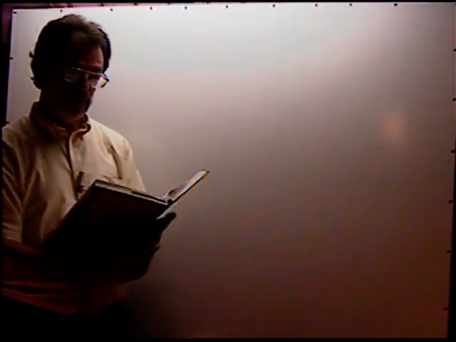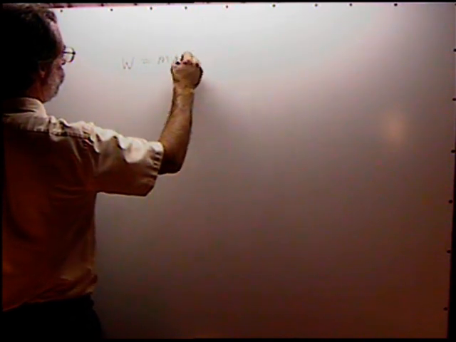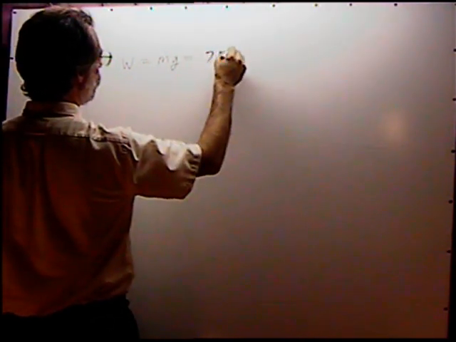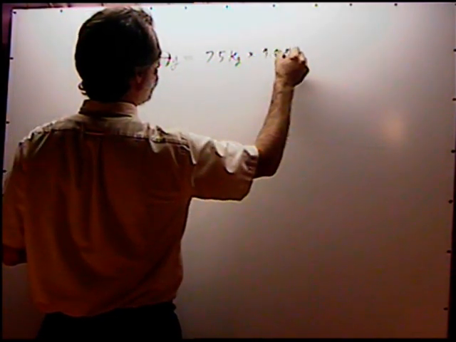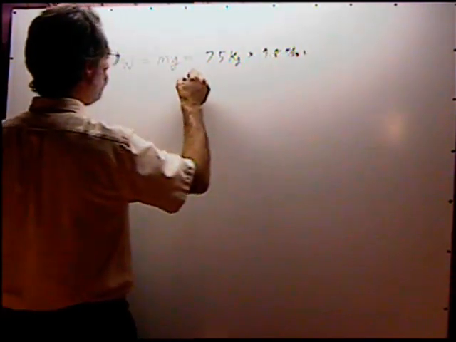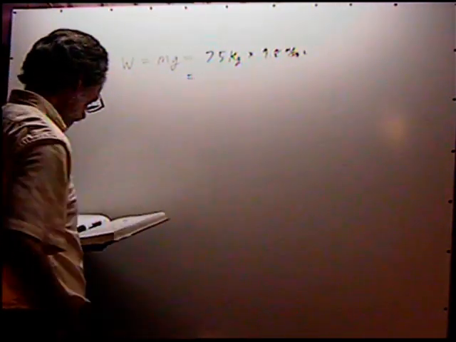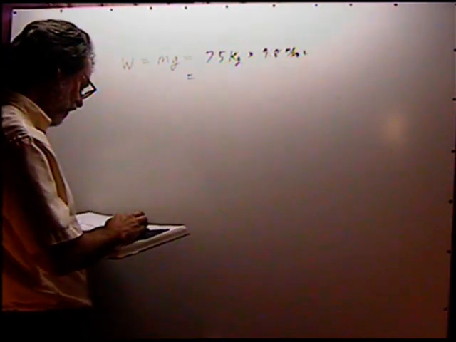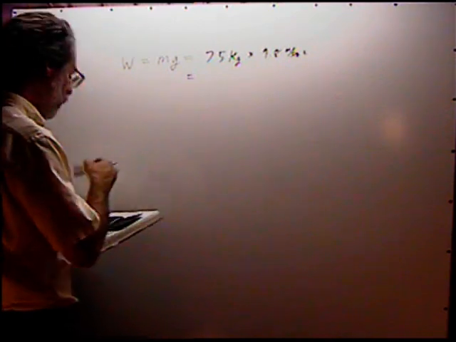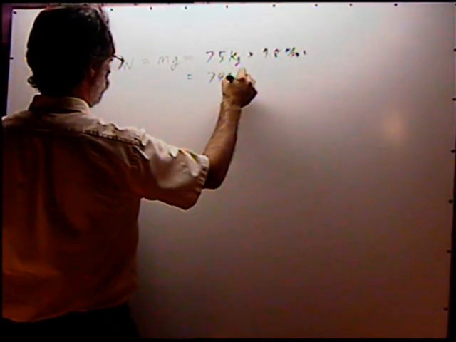Well, he weighs 75 kilograms, so the weight when he's stopped is simply mg, which is 75 kilograms times 9.8 meters per second squared. 75 times 9.8 is 735, or round off to 740 newtons.